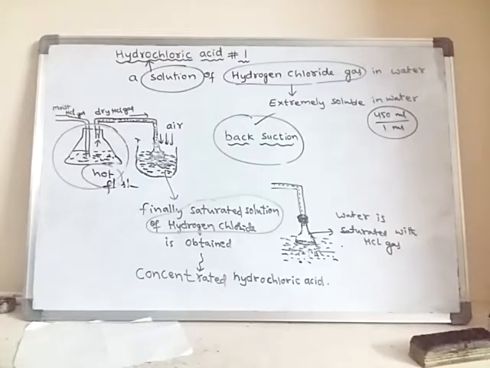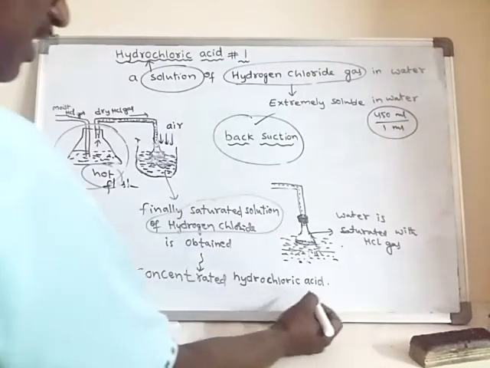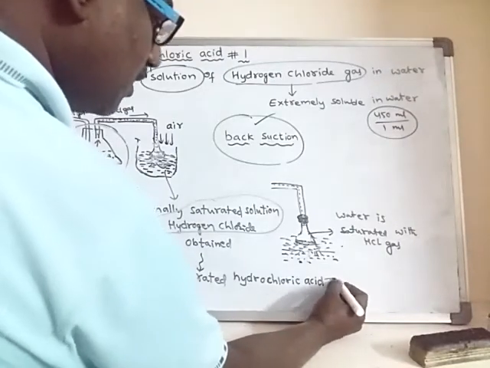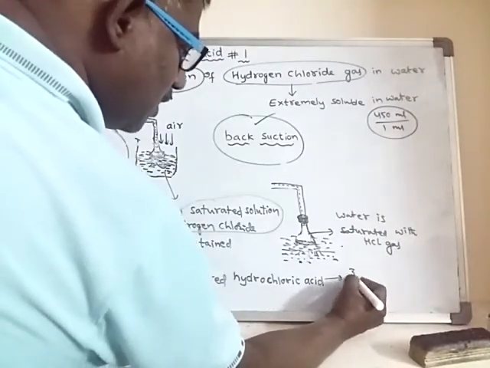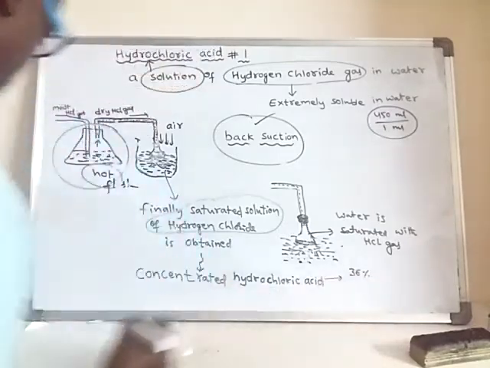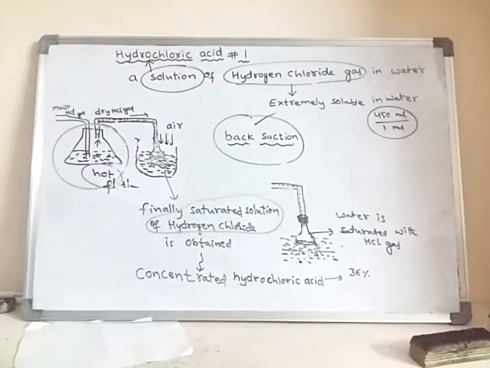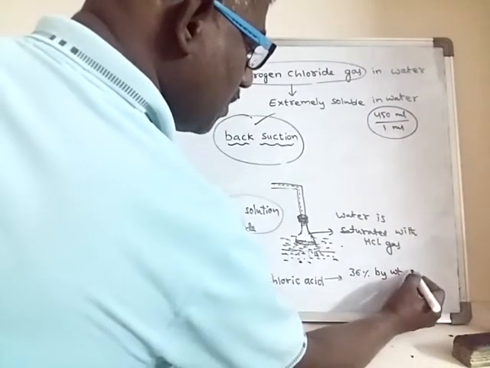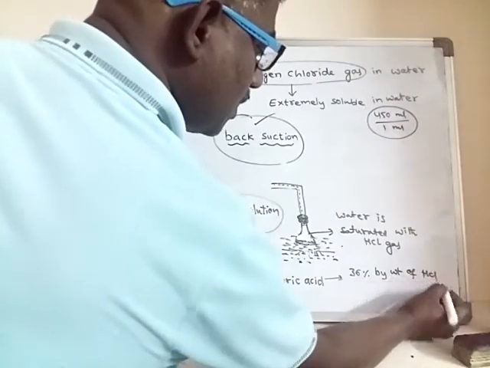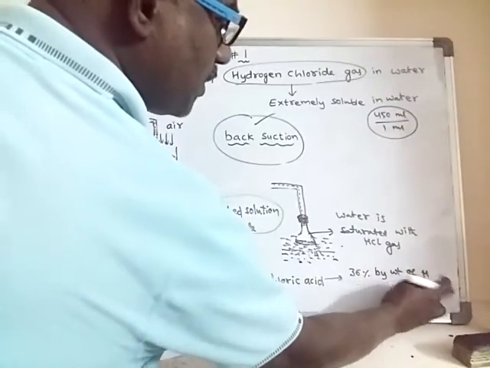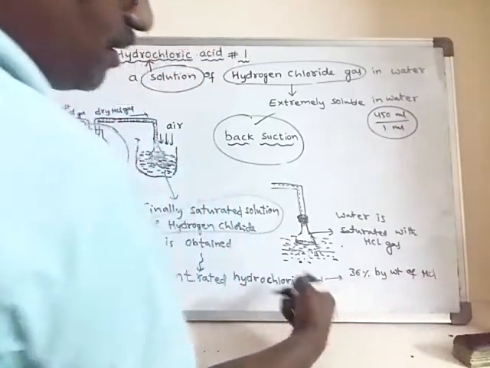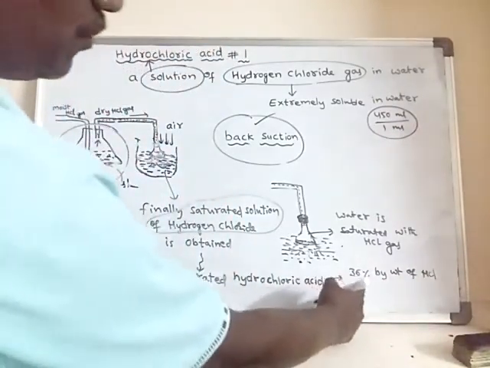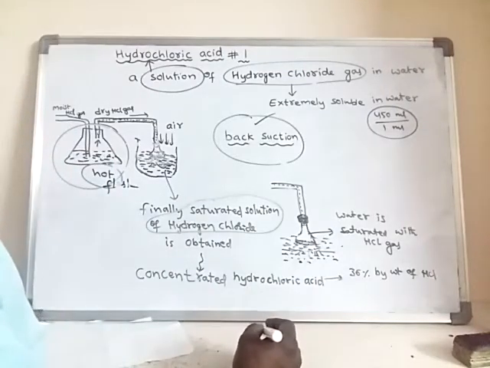See, this concentrated hydrochloric acid contains 36% by weight of hydrogen chloride only, and the remaining 64% by weight will be water.